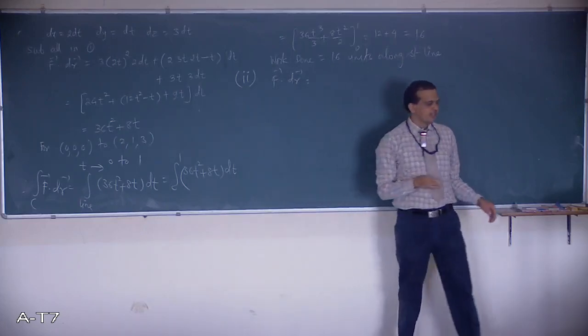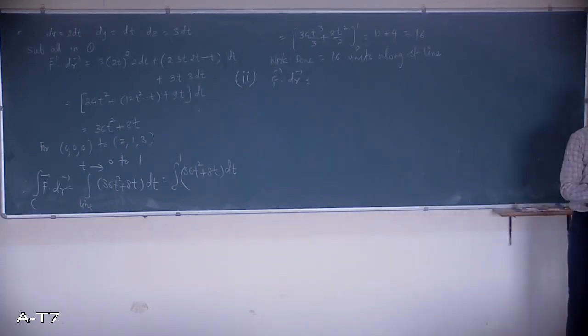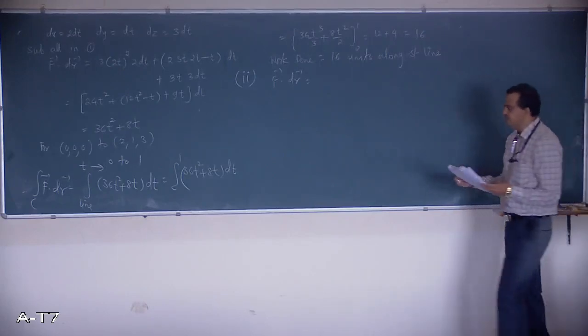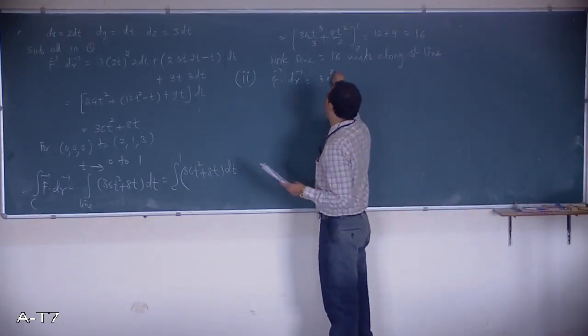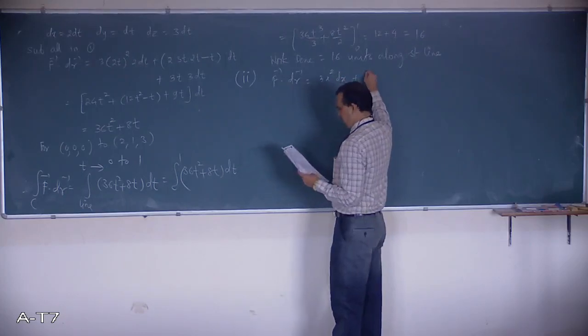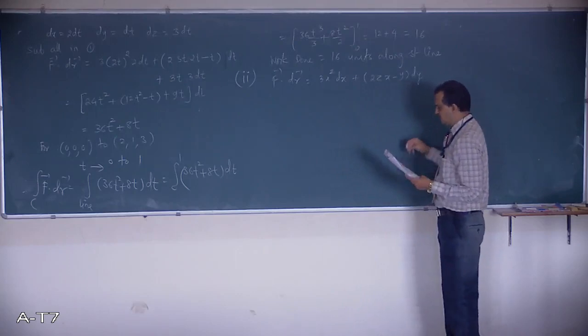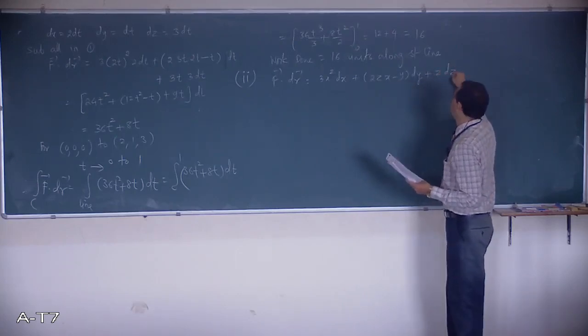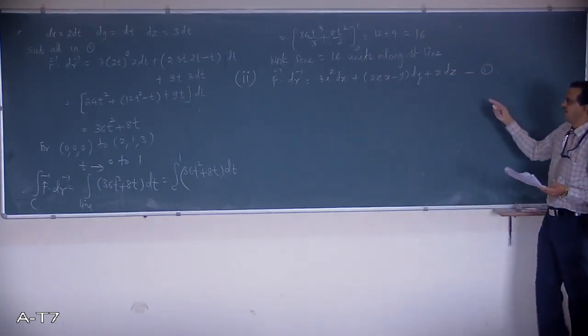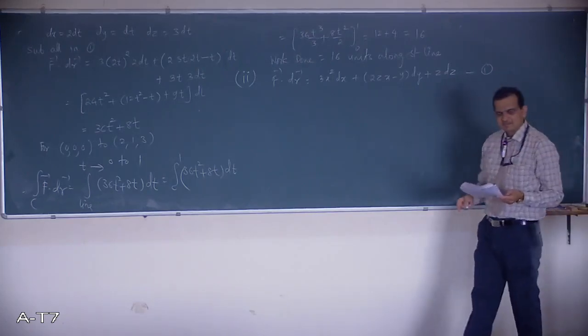So F dot dr, the original value as equation 1, I will write again. It is better. It is 3x square dx plus 2zx minus y dy plus z dz. This was called as 1, so you need not write it again. I am just writing for my sake.